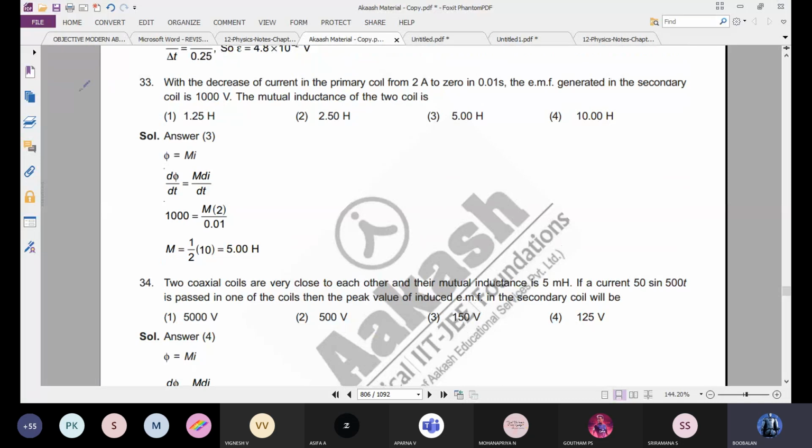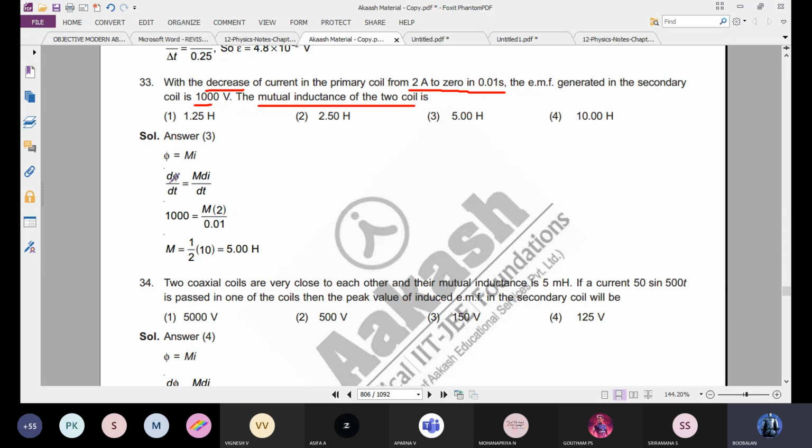Okay, next one, mutual inductance. With the decreasing of current in the primary coil from 2 ampere to 0 in 0.01 seconds, the current value is 2 ampere, taking the time 0.01 seconds. The EMF generated in the secondary coil is 1000 volts. They are asking the mutual inductance of the two coils.